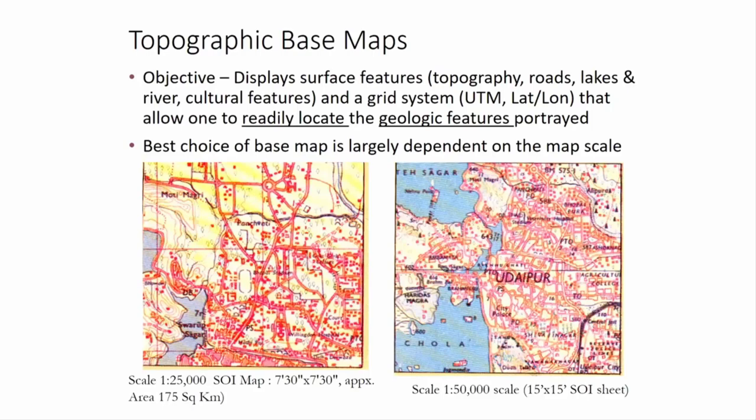That's the basic objective, and generally these maps are now available in UTM grid systems from the Survey of India websites, and there also you can get those topographic base maps.